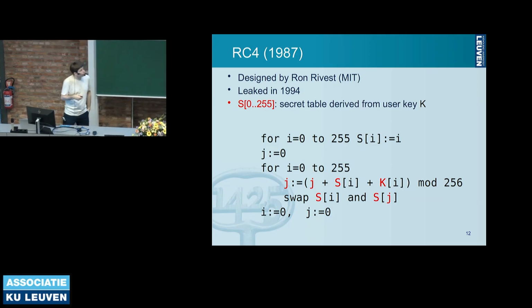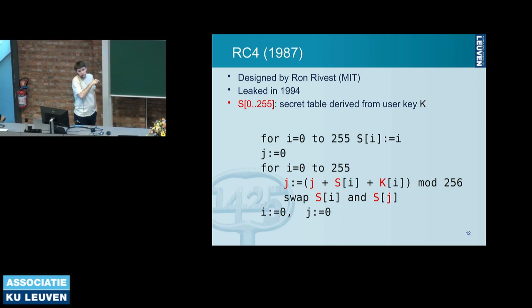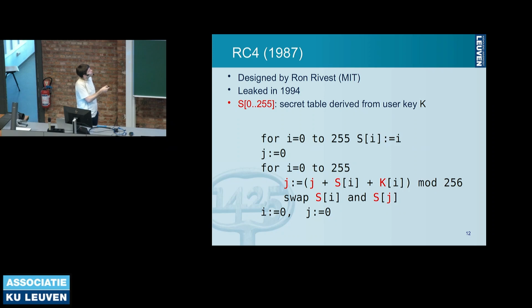So how does this work? I start by initializing my shuffle as the identity, which is not random, of course. Then I do 256 steps. In each step, I use the master key: I take the ith byte of the key together with what is currently in my shuffle, plus a current indexing variable j, to produce a new indexing variable.